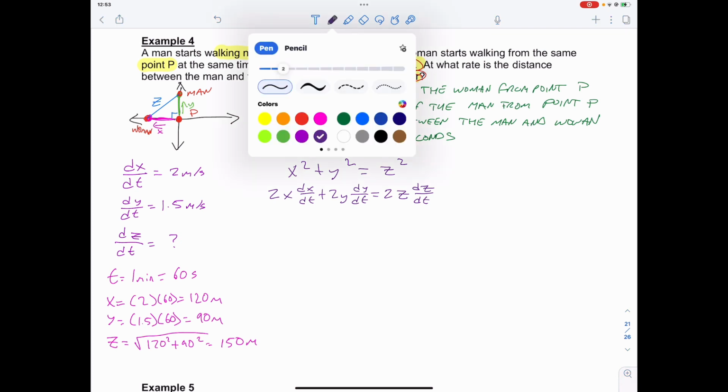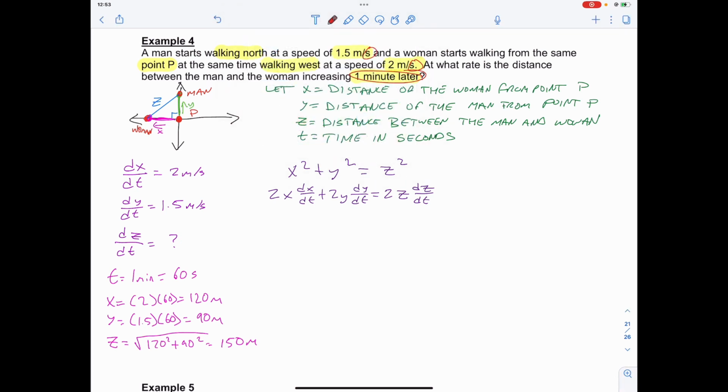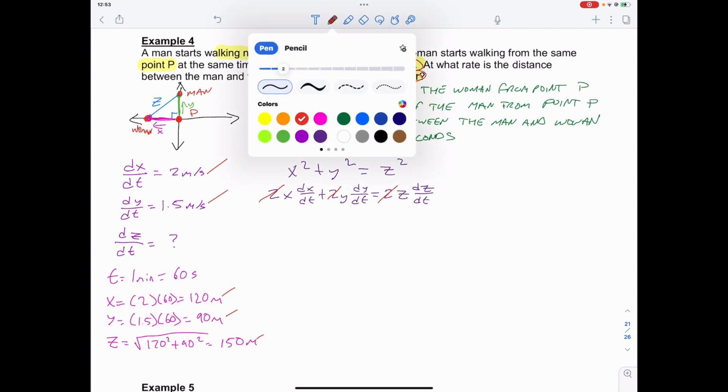And I'm going to divide all of these by 2 to cancel that out. And I know my dx over dt, dy over dt, my x, my y, and my z. So I'm just going to substitute all those values back in.